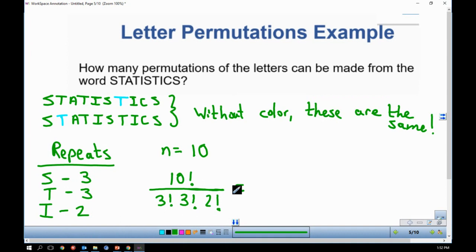You can put that in the calculator, too. If you just type factorials, yes. Now, I will caution you, make sure you put your denominator in parentheses. So you would put it in the calculator like this.